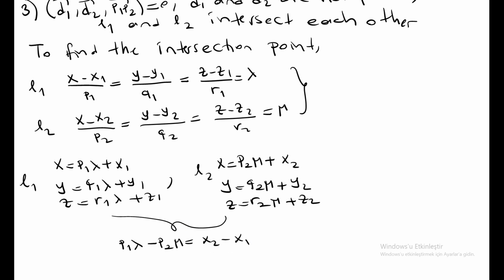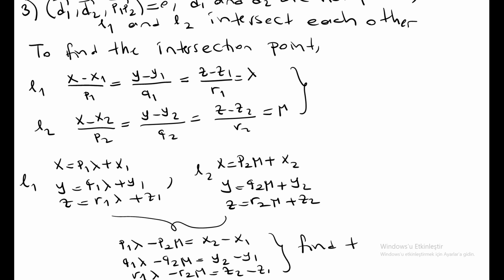The second one, q1 times lambda minus q2 times mu equals y2 minus y1. And the last one, r1 times lambda minus r2 times mu equals z2 minus z1. Find the common solution.